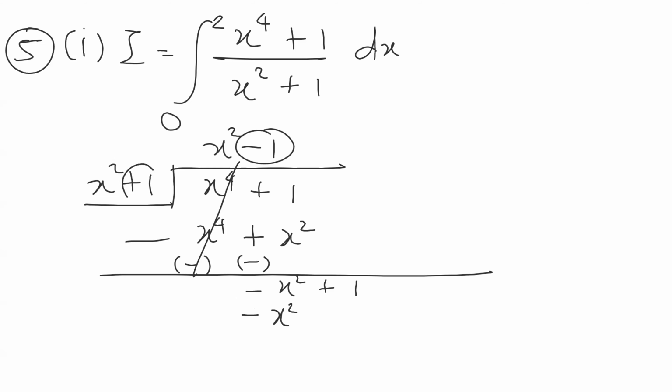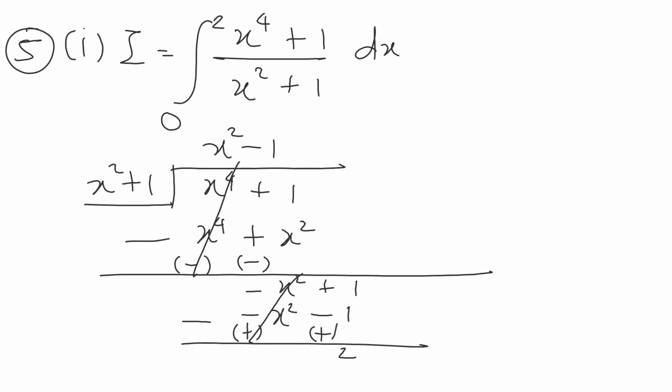Minus 1 into plus 1 is minus 1. Minus sign, this is plus. Cancellation. This 1 plus 1 will give you 2. So that completes the long division. Let this be equation number 1. Guys, any doubts in the long division? You want me to explain it again?